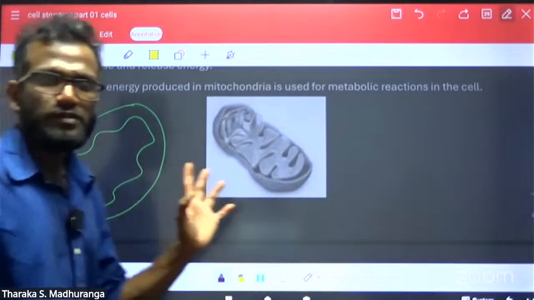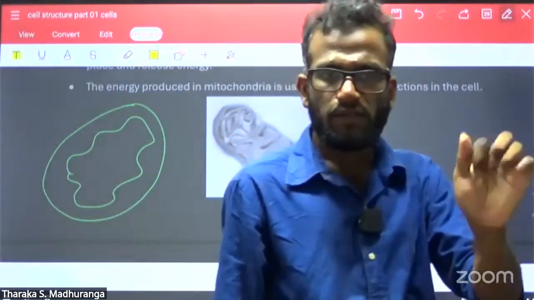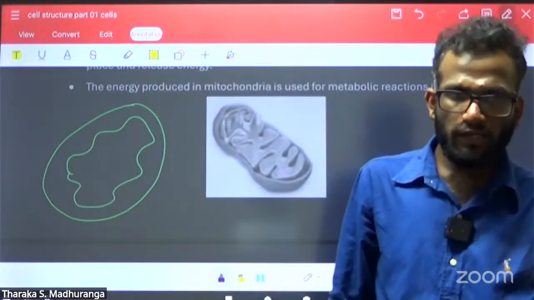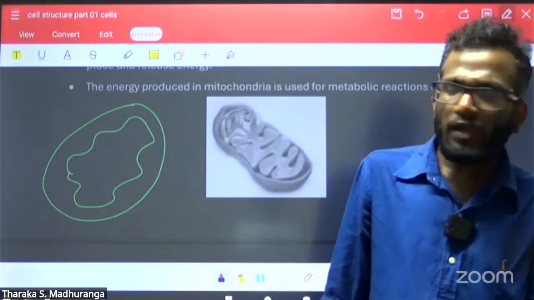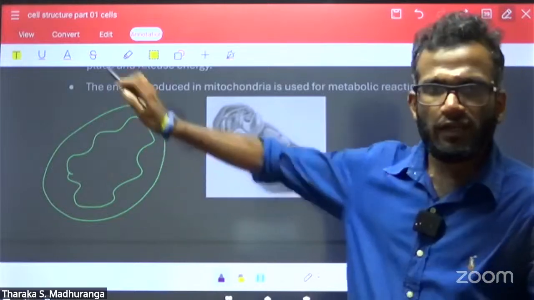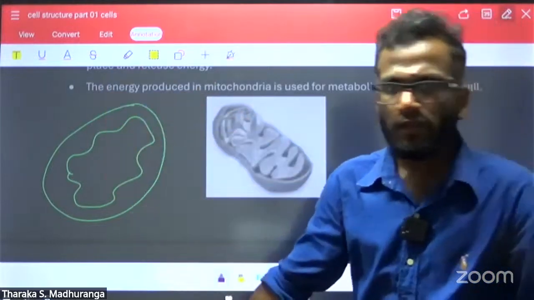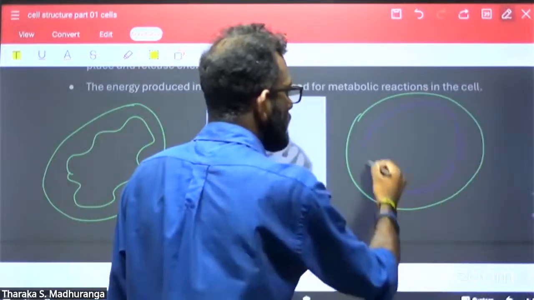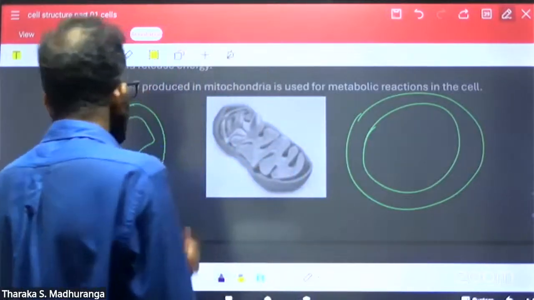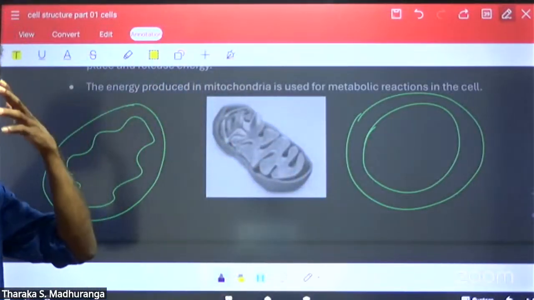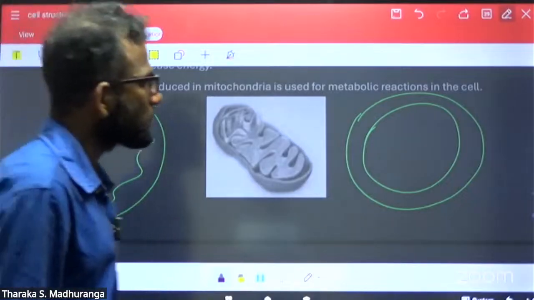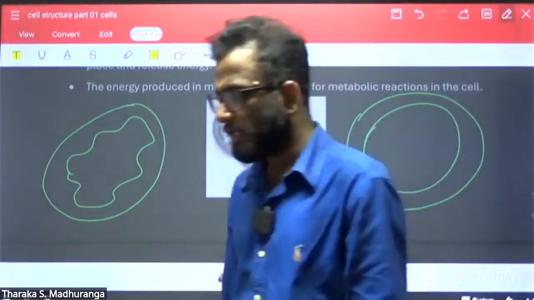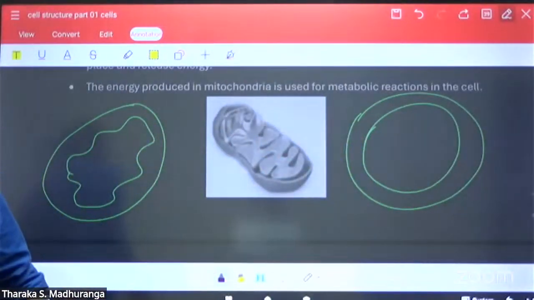Okay, why are there two membranes, an outer membrane and an inner membrane? The outer membrane is the outer wall. Then why is the inner membrane shaped like this, and not like the outer one? Why is it forming like this? What is the reason? Anyone? Quickly. What is the reason?